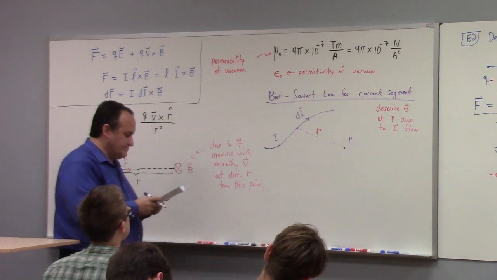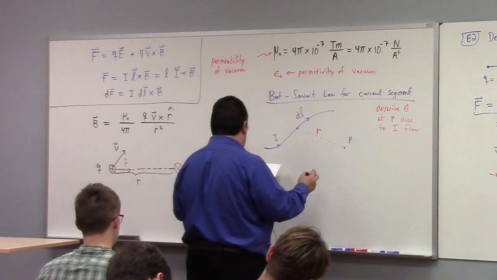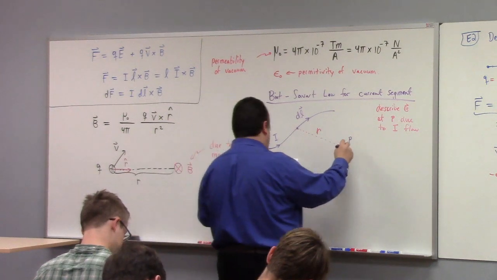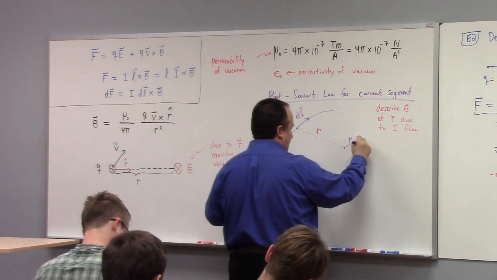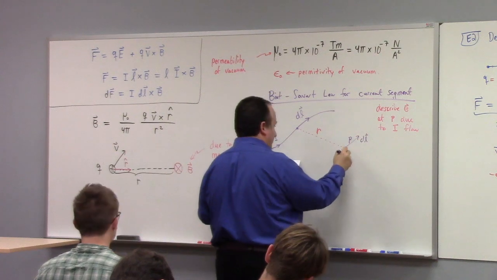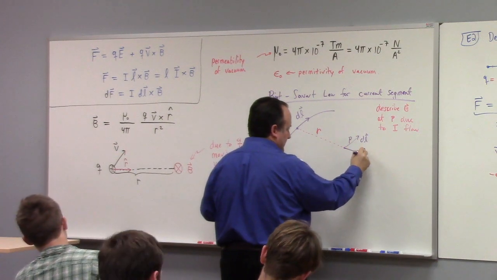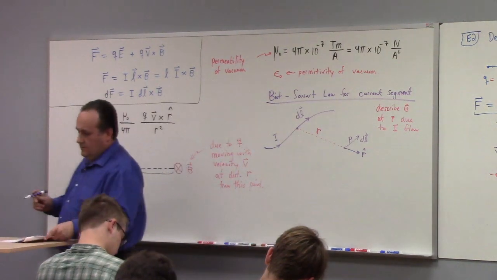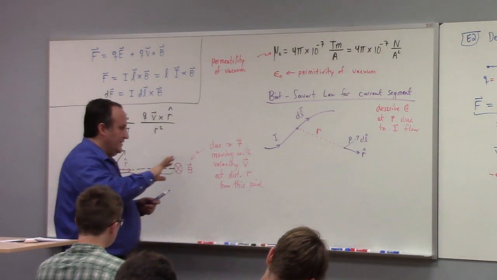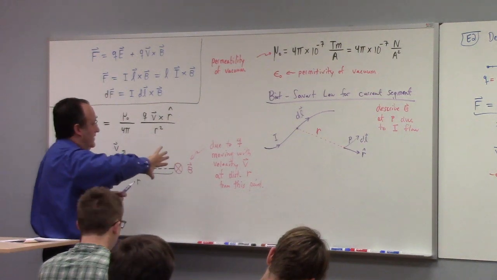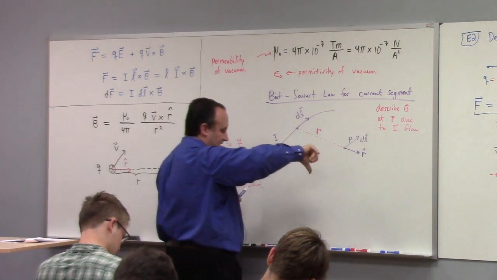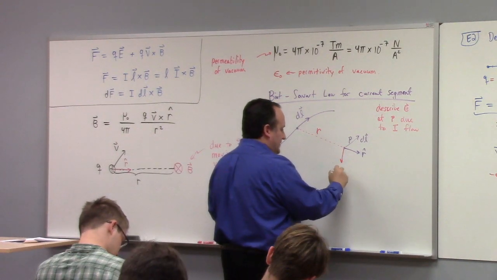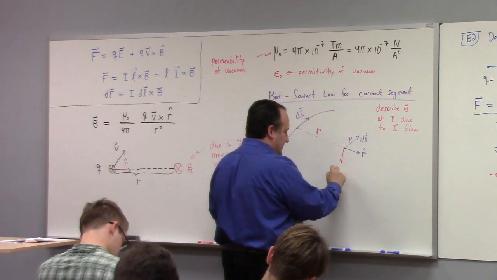All right. And so here, if I draw the vectors down here, I'd have dl goes like this, I have my r hat goes like this, and the dB is going in the dl cross r hat direction. So, up to the limits of my artistry, the magnetic field dB goes like this.